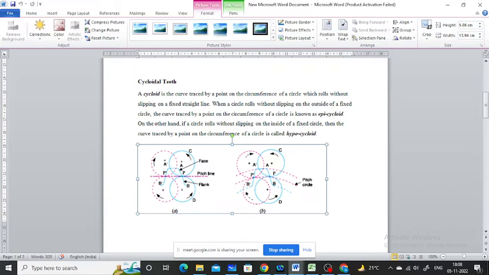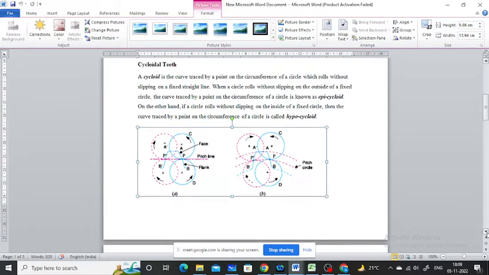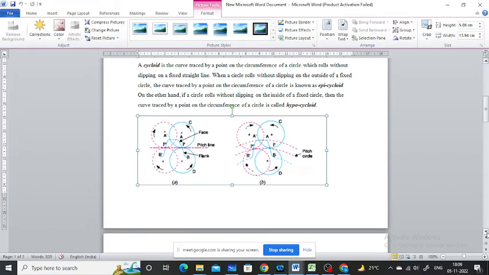Okay, when the two gears are meshing, just a minute.